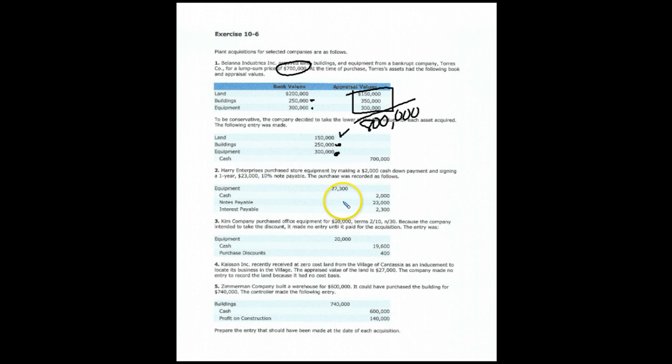On the second one, we have store equipment being purchased with a $2,000 down payment, and then they sign a note for $23,000. But they recorded it as this. They included this interest payable, which doesn't make sense at all, does it? And that interest payable increases our debit to the equipment.